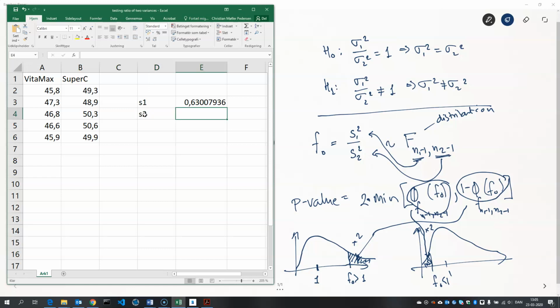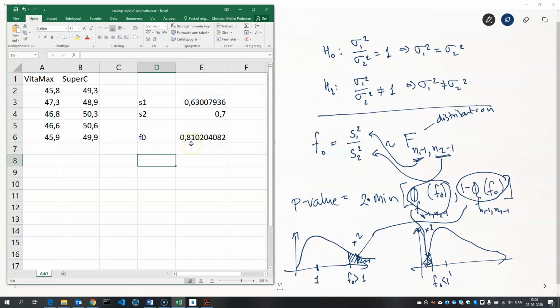Same thing for the second sample. Then we compute the test statistic. It's this one squared divided by this one squared.